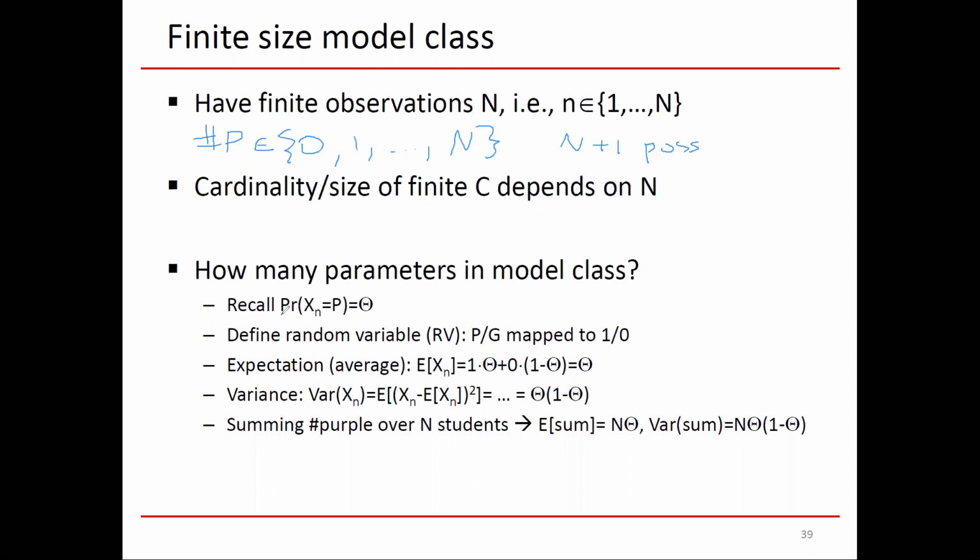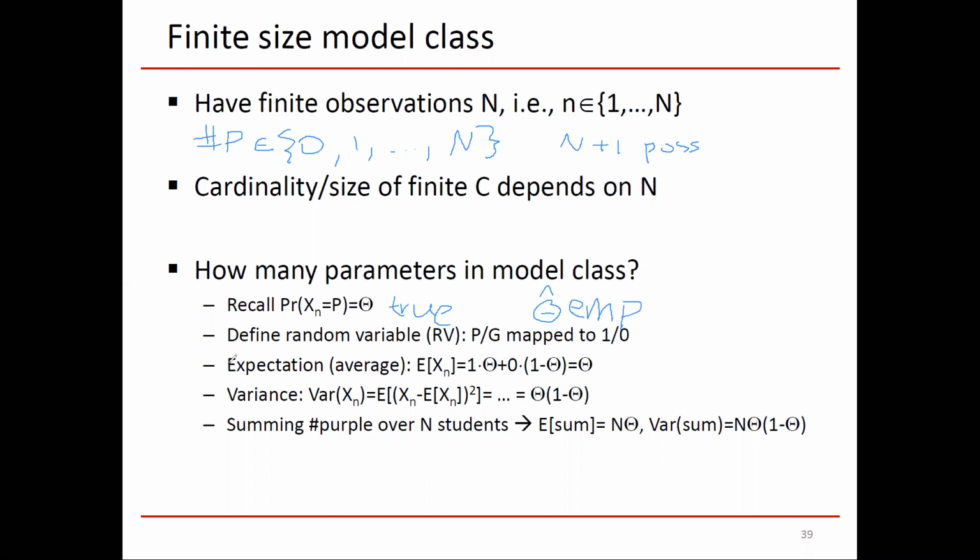So now, the probability of purple, we denoted it by theta, or rather, theta is the true parameter. And then we said that theta hat is the empirical parameter, EMP for empirical, okay?